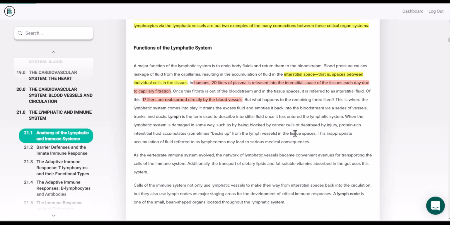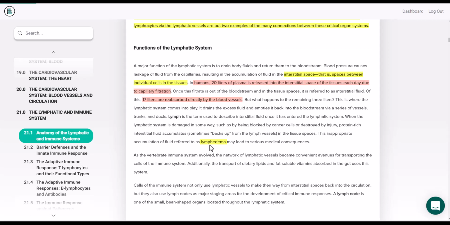If there is a blockage of this lymphatic flow and this flow is interrupted, it can lead to an inappropriate accumulation of fluid, which is referred to as lymphedema. Lymphedema is simply the buildup of lymph in a region of the body, which can be a sign of significant medical concern.